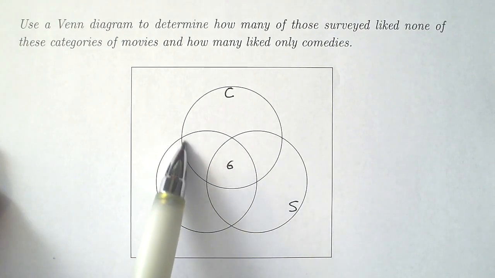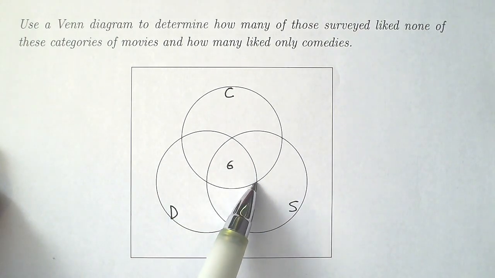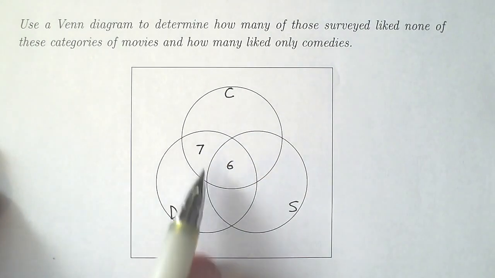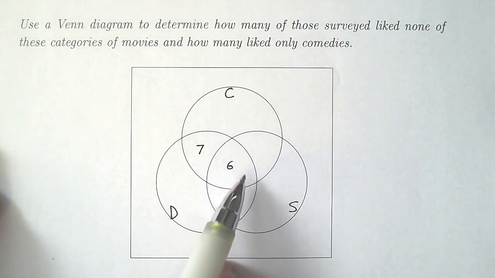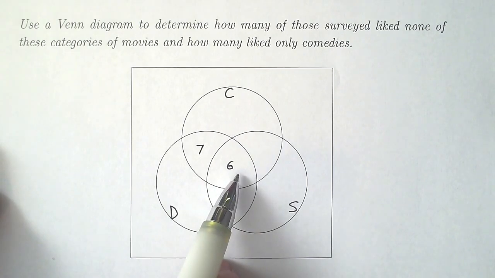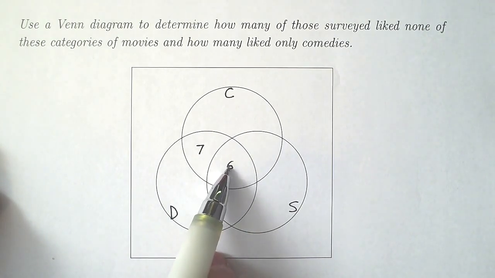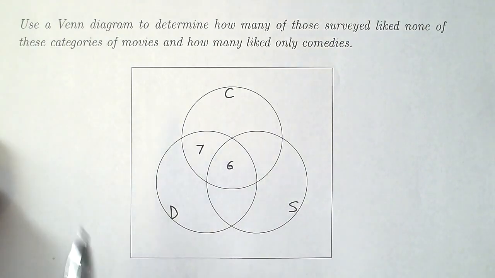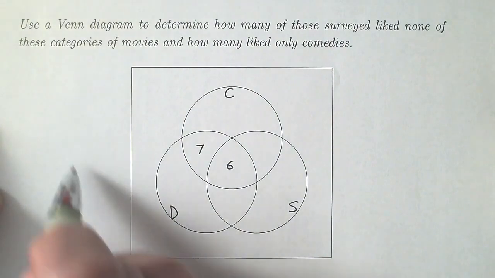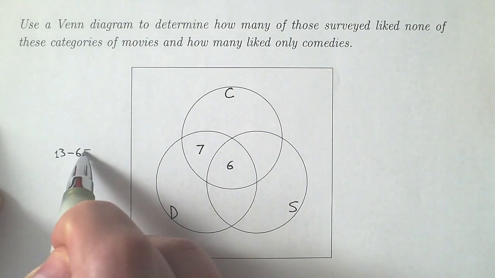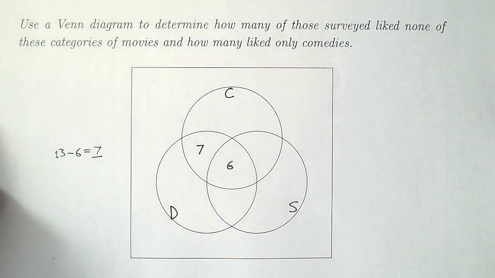We already have 6 of them in the picture, which means I need 7 more in order to get 13. There's my 13 people who like comedies and dramas. 6 of them happen to also like science fiction. Does that make sense? So maybe I'll write it off to the side here. I did 13 minus 6, and that's how I got the 7.